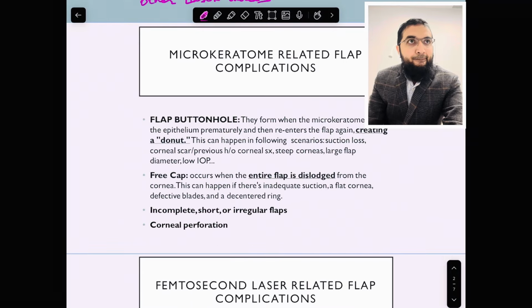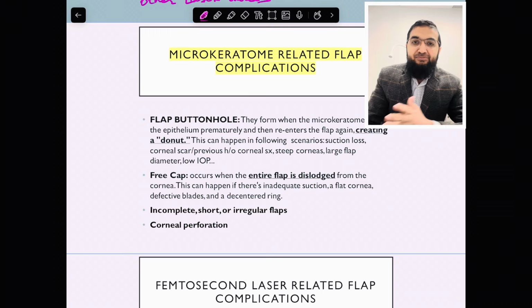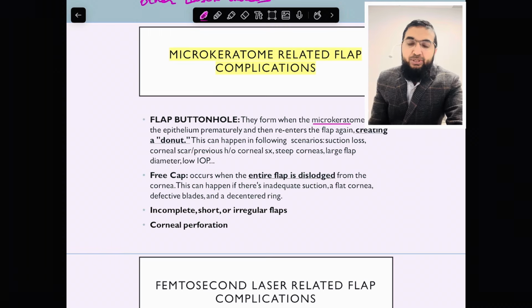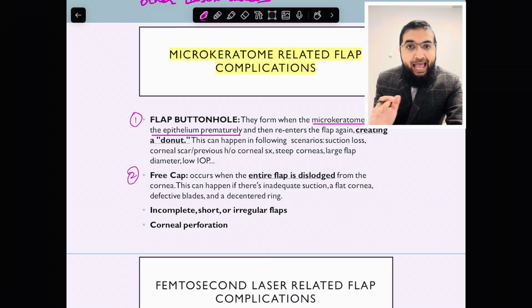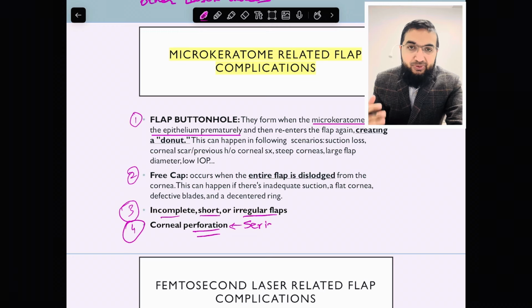So let's move on. Microkeratome related flap complications. They're pretty common, but not 100% common. If they were 100% common, nobody would be doing LASIK surgery. But when it comes to the complicated LASIK surgeries, there we see microkeratome related flap complications, and amongst those, what happens is flap buttonhole can be formed, free cap could be formed, incomplete, short or irregular flaps could be formed, or some people can get corneal perforations.